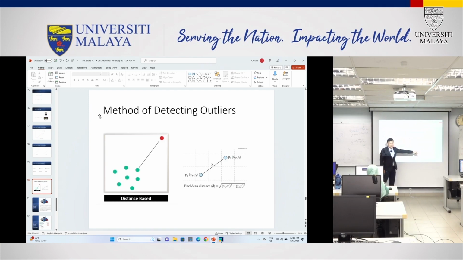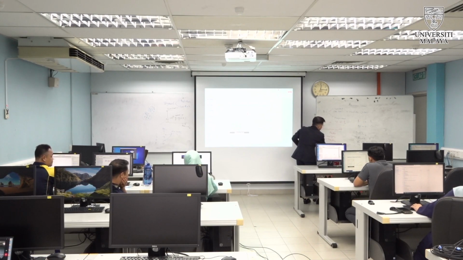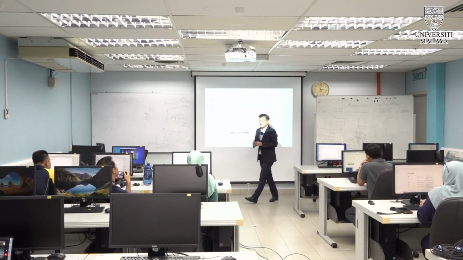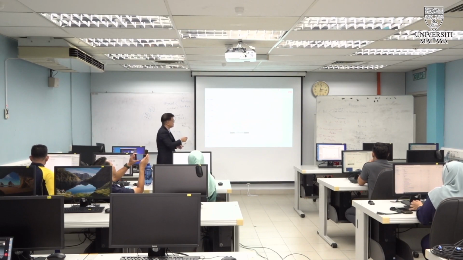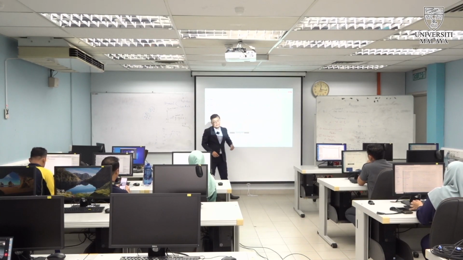The formula is like this, and you can extend it to more than 2 dimensions. This is an example for 2D; you can add 3D, and 4D is no problem. If your data has many dimensions and attributes, you keep adding, and then take the root mean square. This is known as Euclidean distance.